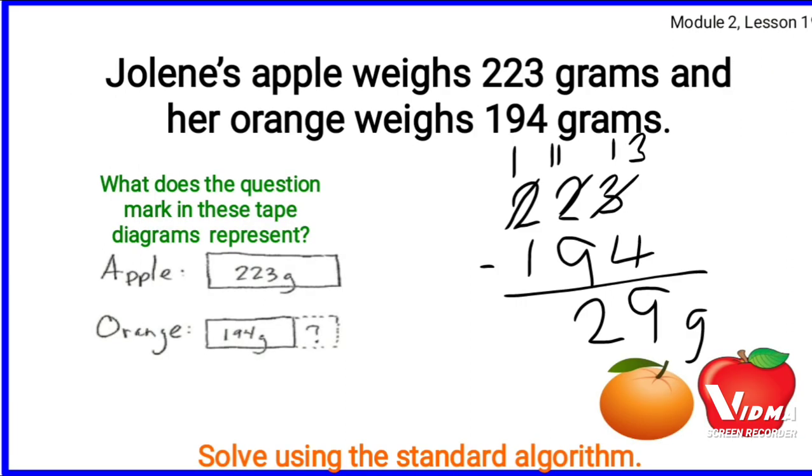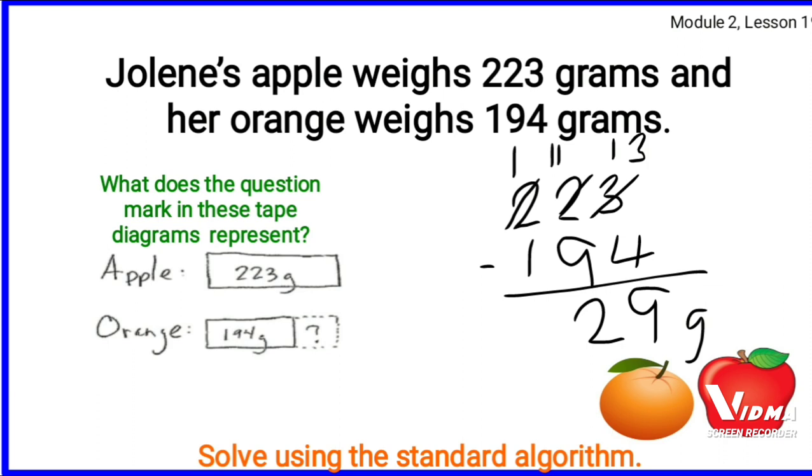Here's another example. Jolene's apple weighs 223 grams and her orange weighs 194 grams. Look at the tape diagram.